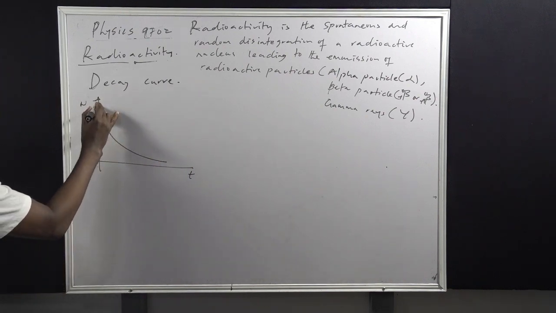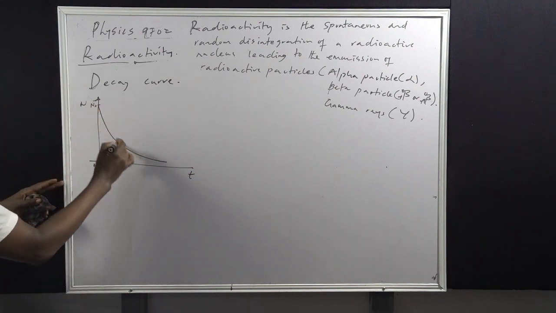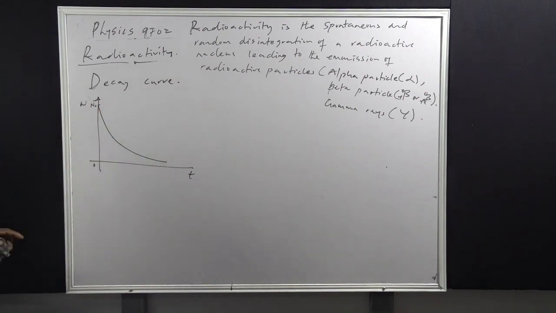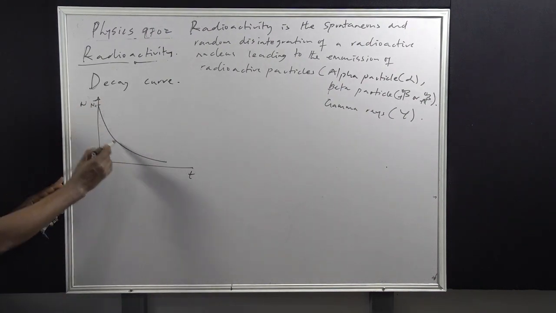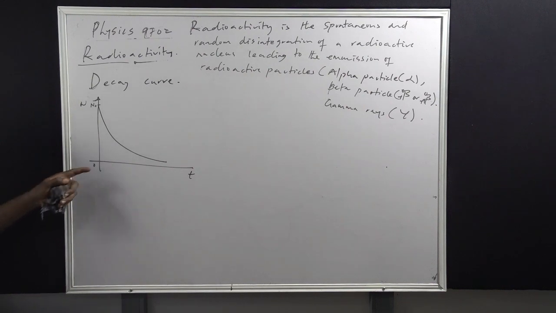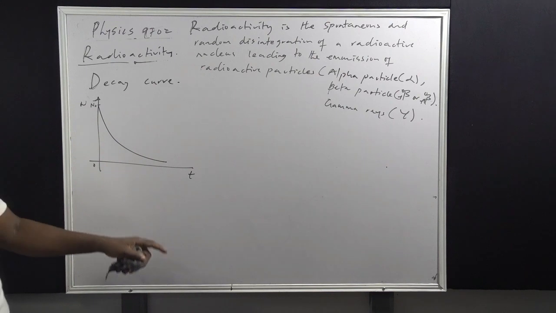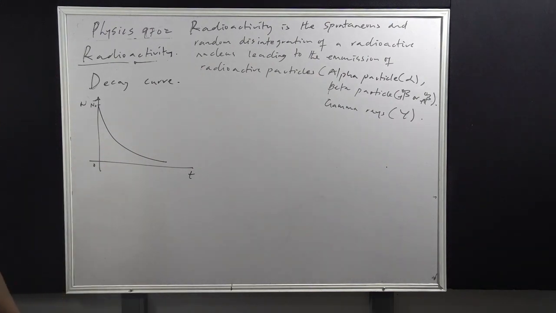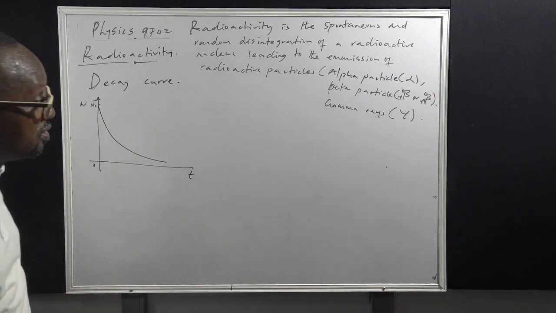The number of nuclei at time equal to 0 is known as N0. So it's reducing exponentially with time. If you change the temperature of this system, it will not affect the rate of disintegration, which means that the gradient of the decay curve is the rate of disintegration and is not affected by changing the external factor.